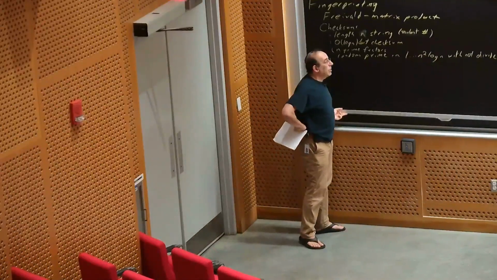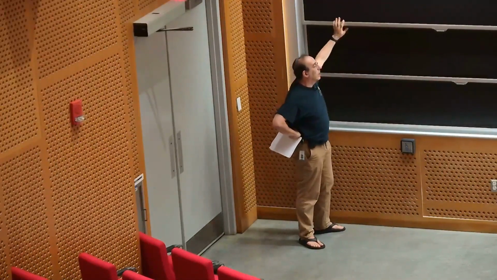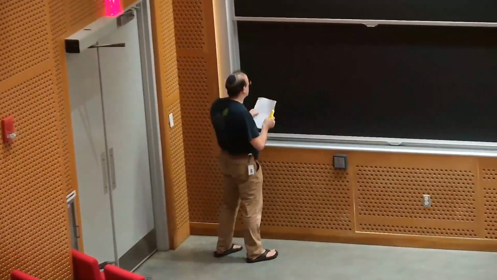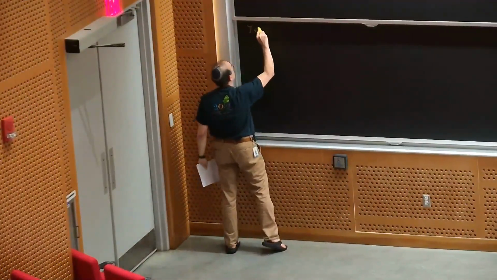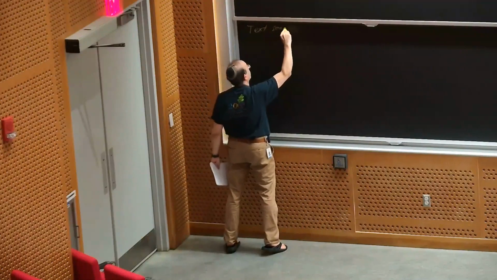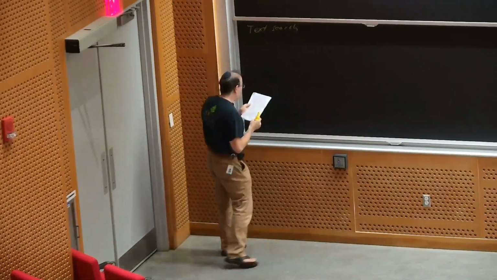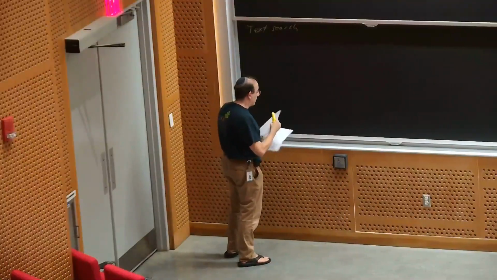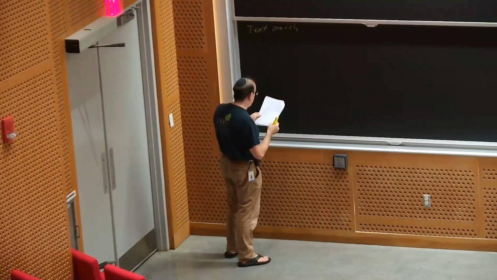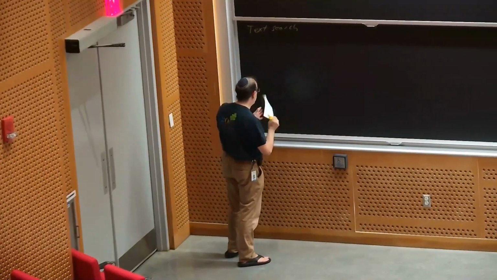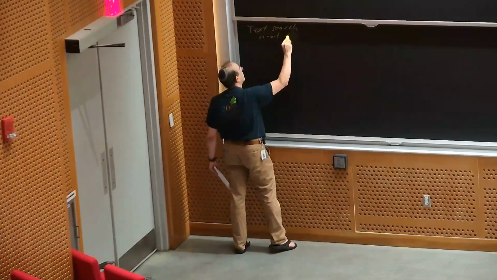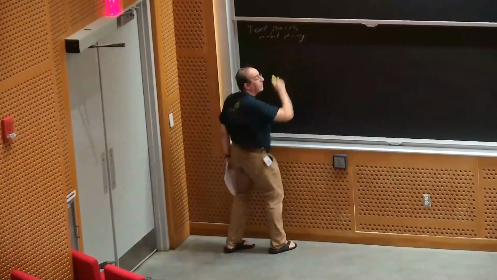I'm going to apply the same technique to a more general problem, which is text search. So the idea is that in text search, you start with some long string. You have your n-bit string, just as in the previous case.